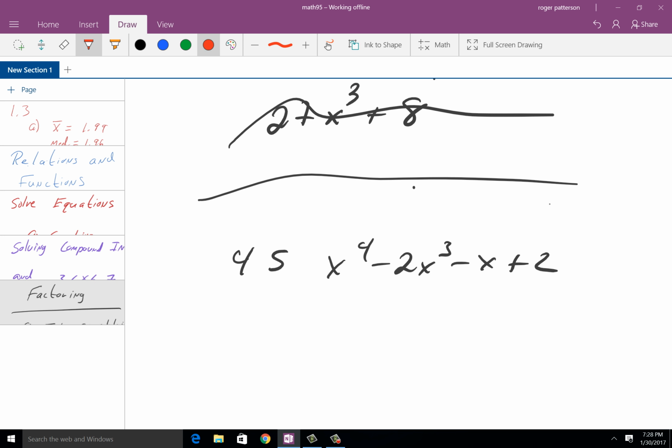So I would group this one, I'd group this one. And what would we take out of the first two? The first two would be x cubed, x to the third. So that would leave me with x minus 2. And then what would I take out of the next one? Nothing. Right.